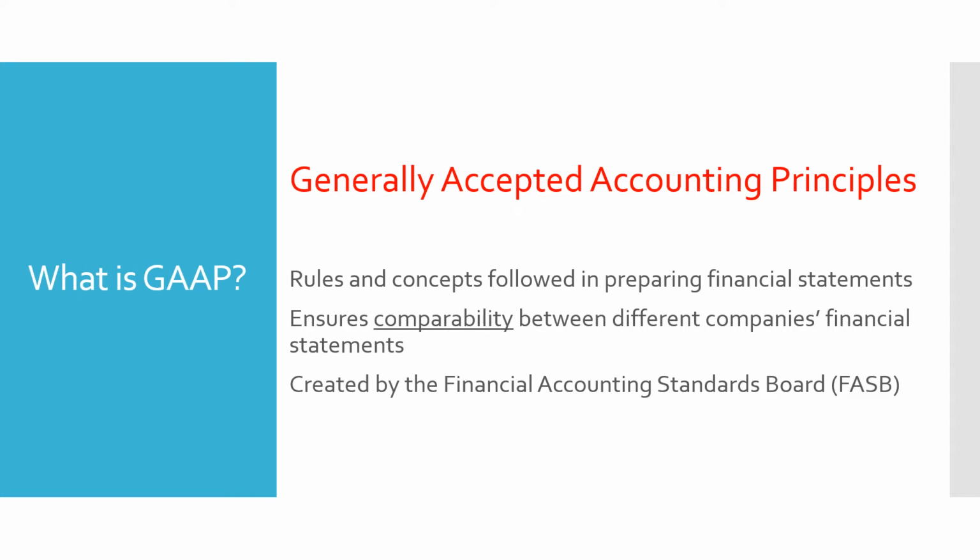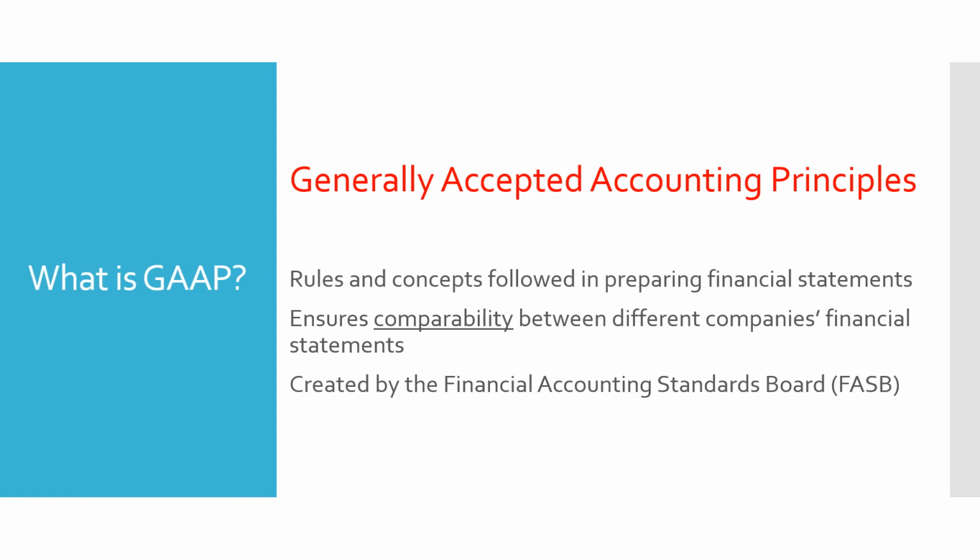Well, in looking at those financial statements, we need to be sure that they're prepared the same way, that what Target is recording as revenue and expenses is recorded in the same way that Walmart records revenues and expenses. So the Securities Exchange Commission, the government regulatory body, requires that they use the same basic set of accounting rules, and we refer to those as generally accepted accounting principles.